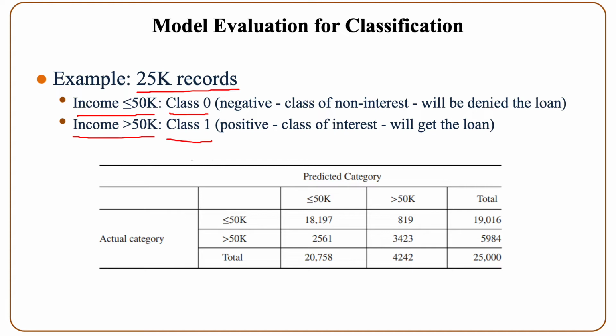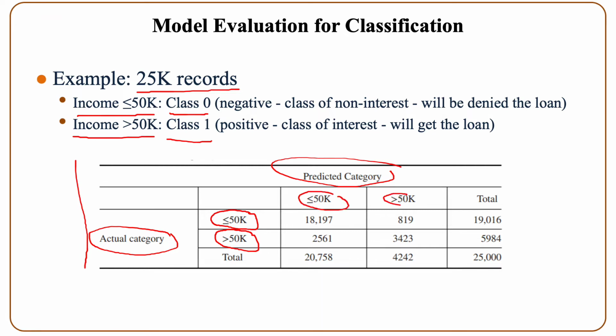So this is our confusion matrix. We have actual classification on the rows and predicted classification on the columns. We have the negative class or class 0, and we have the positive class or class 1. Similarly, we have those classes on the columns.